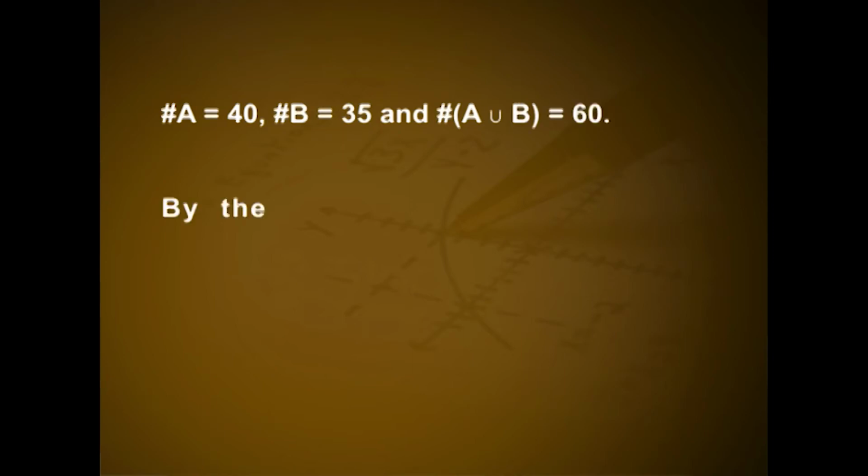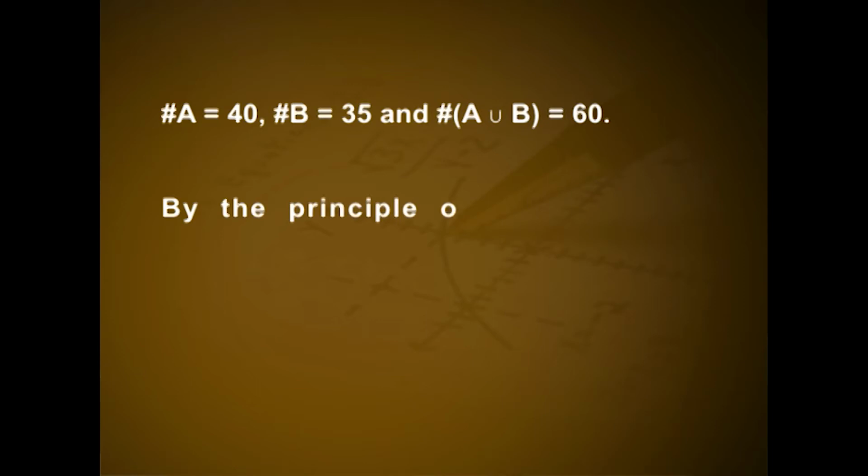Example, let there be 40 students interested in football and 35 students interested in cricket in a class of strength 60. Let us find the number of students interested in both these games. Here, if we represent these two sets of students as A and B respectively, then #A equals 40, #B equals 35 and #(A union B) equals 60.